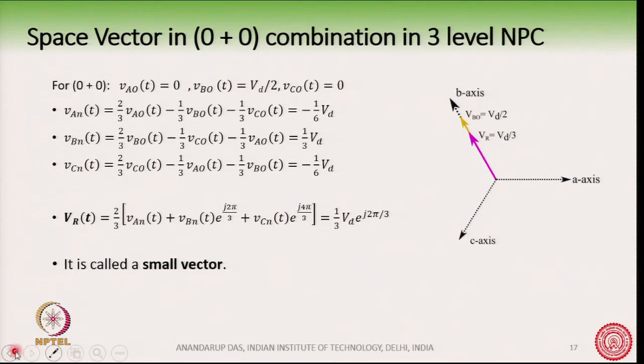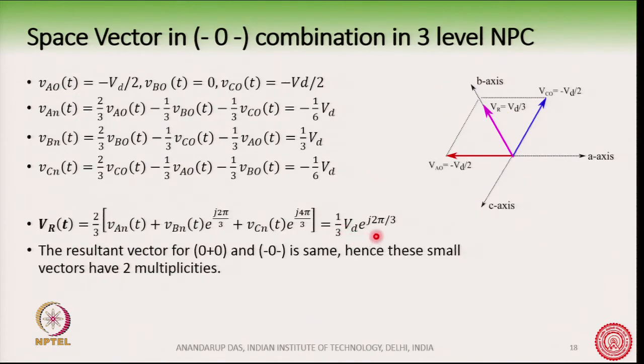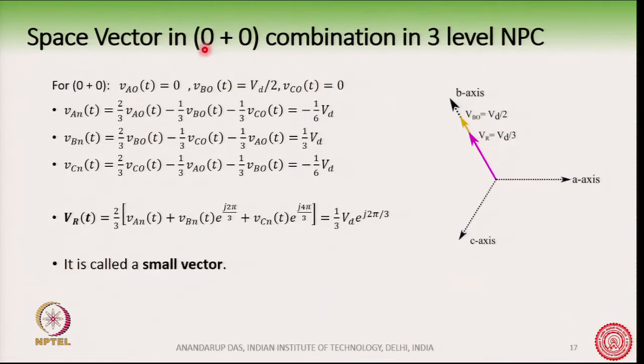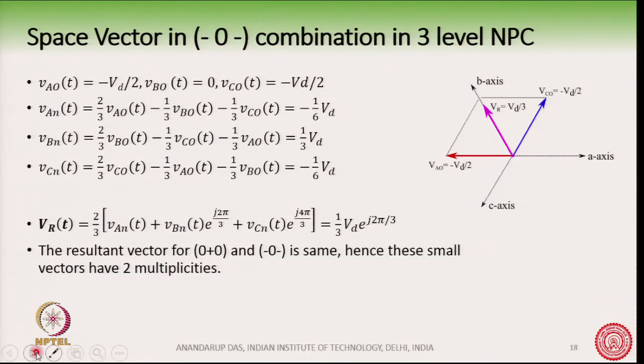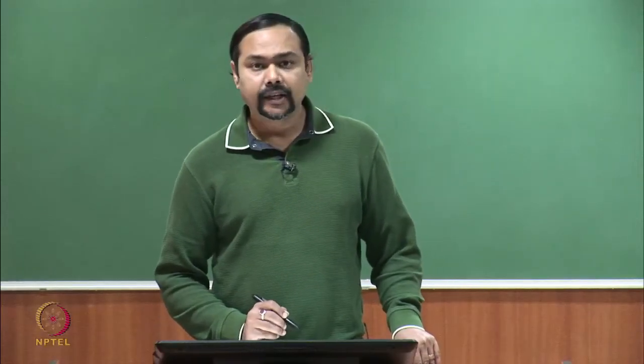So, this vector was at an angle of 120 degrees, e to the power j 2 pi by 3, the angle was 120 degrees, and here also the 1/3 VD e to the power j 2 pi by 3. So, it is the same vector. So, you see that these two combinations, the 0 plus 0 as well as the other switching combination minus 0 minus, are producing the same vector.